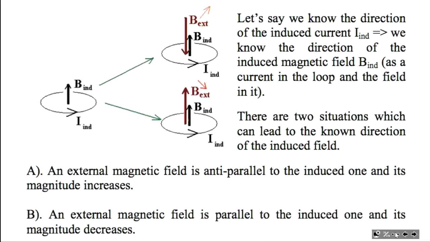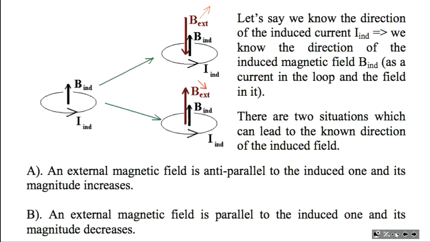For example, if we know the induced magnetic field points, well, how do we call it? We would say up. But for a person looking down, that would be out of the page. For the person looking from below, that would be into the page. So all those names are relative.